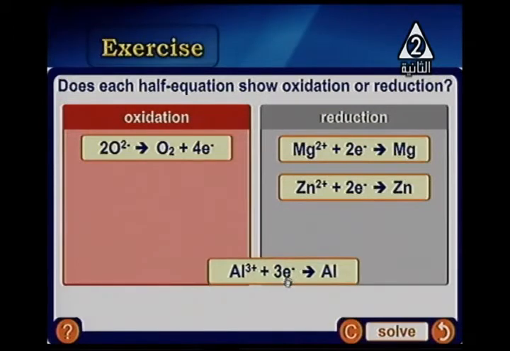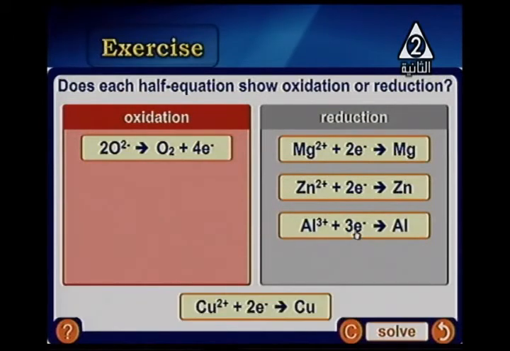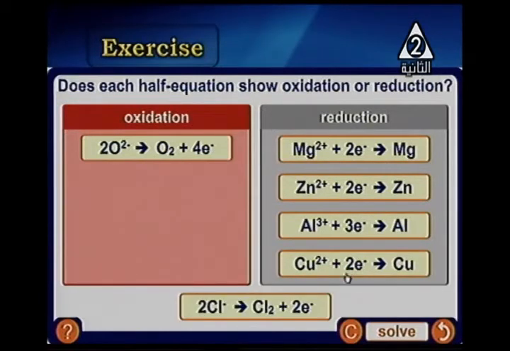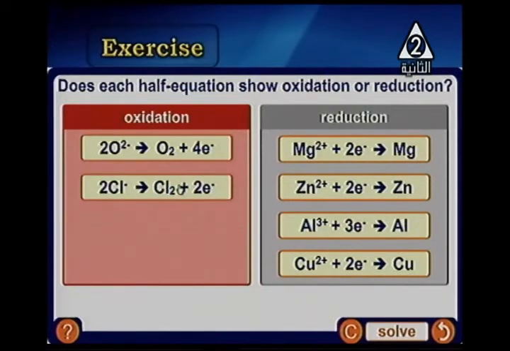So this gaining of electrons means reduction also. And this one, it's 2 electrons gaining here. So this one is reduction. And here we have losing electron, so it is called oxidation and so on. So they are the oxidation and reduction.